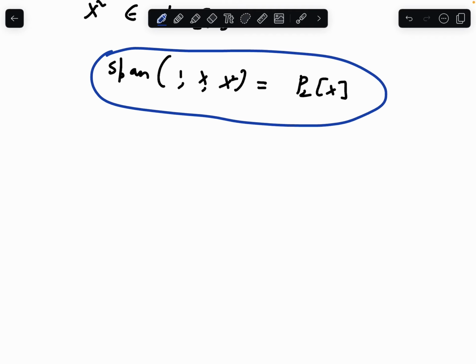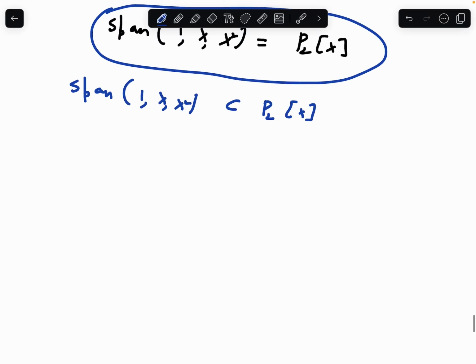So let's show that span of 1, x, x square is inside P2. To do that, take a polynomial f(x) inside span of 1, x, x square.